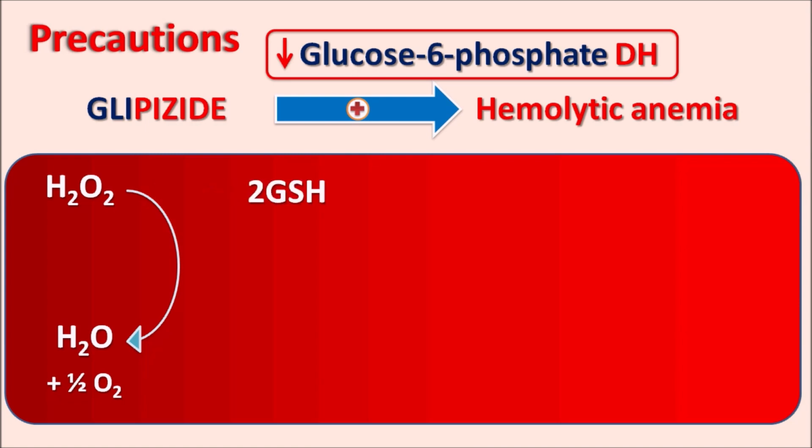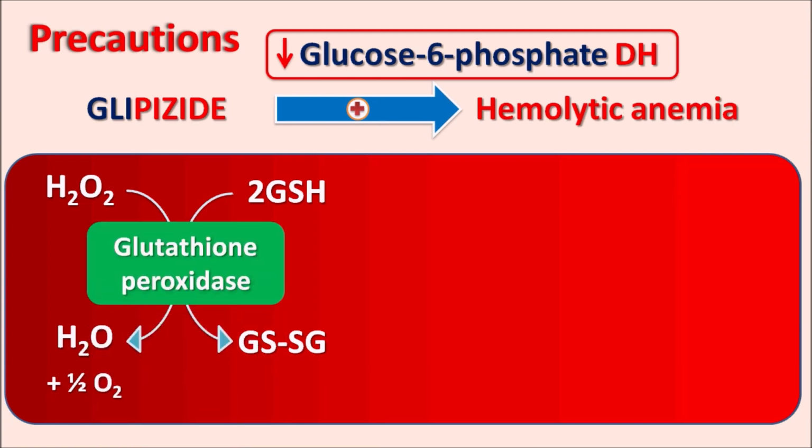This glutathione undergoes oxidation such that it produces the disulfide bridge of the glutathione, and this reaction is mediated by one of the enzymes, glutathione peroxidase. Now this disulfide form of the glutathione is going to be reactivated to glutathione, and this step is mediated by one of the cofactors, NADPH.